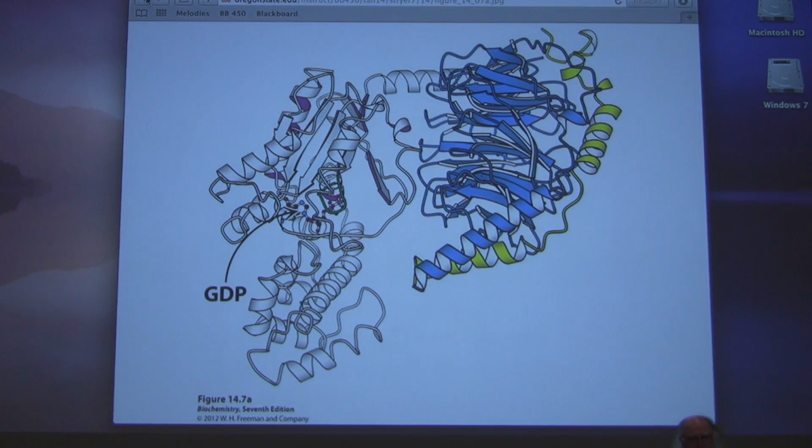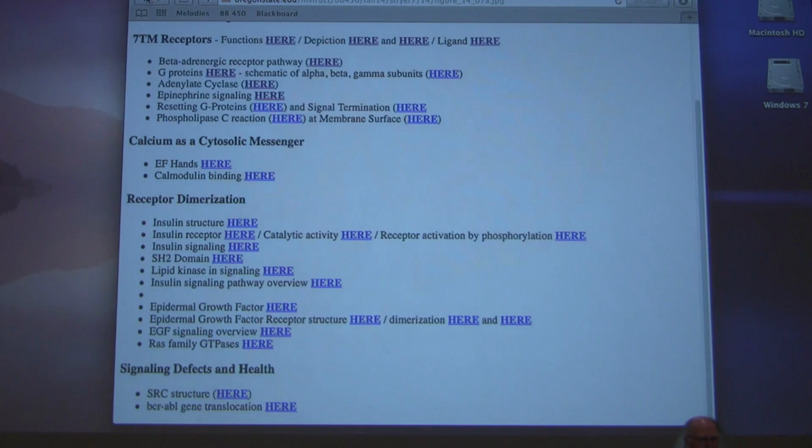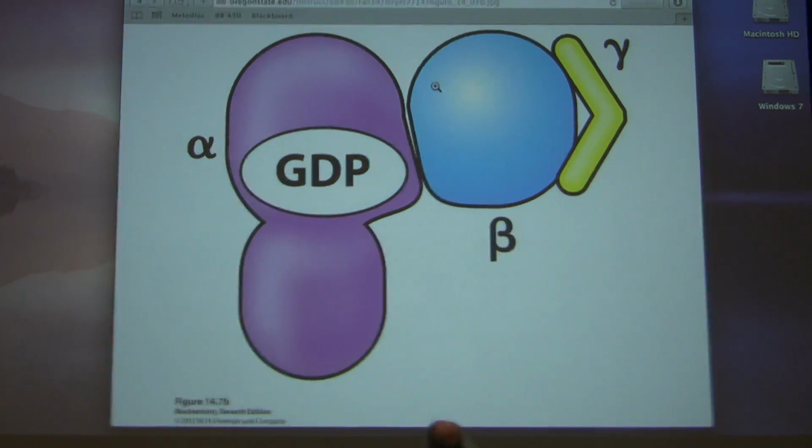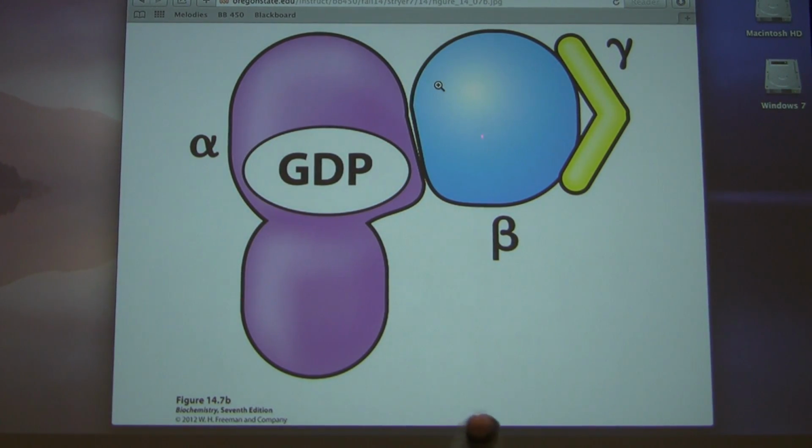There's a G protein. Memorize that structure and write it for the exam. The G protein has 3 subunits, as I mentioned last time. It has an alpha subunit, a beta subunit, and a gamma subunit. And the beta and gamma bind to the alpha, as you see shown here schematically. In doing so, they cover up a binding site for the adenylate cyclase.